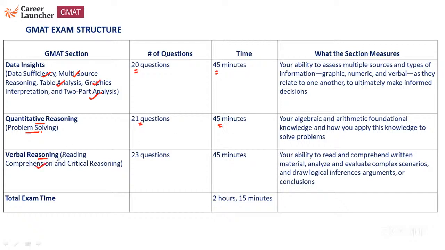Verbal, where your comprehension and reasoning skills would be assessed, has 23 questions, 45 minutes again. Total exam time is 2 hours and 15 minutes, excluding one break of 10 minutes. So including the break, that comes out to be 2 hours and 25 minutes.